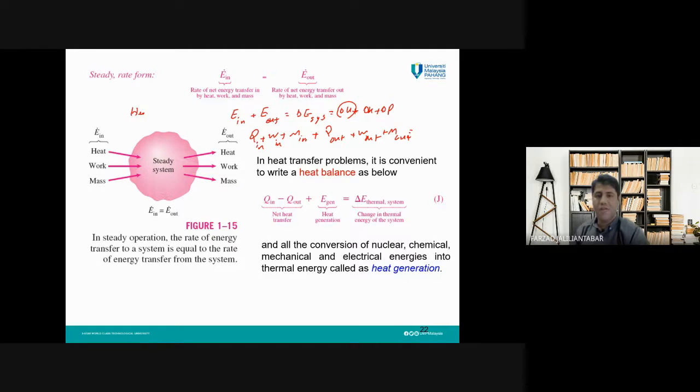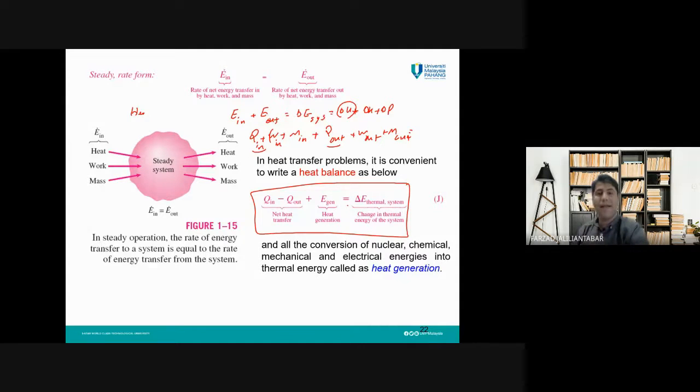So if we put all of these W and M together, and we just have Q in and Q out, and also put the sign for the Q out, then we can write: Q in minus Q out, the net heat transfer to the system, plus E generated, the heat generation. This heat generation can be by work, mass, and so on in the system, and will be equal to delta E thermal of the system, the change in the thermal energy of the system. This is the equation which we mainly use for heat transfer.